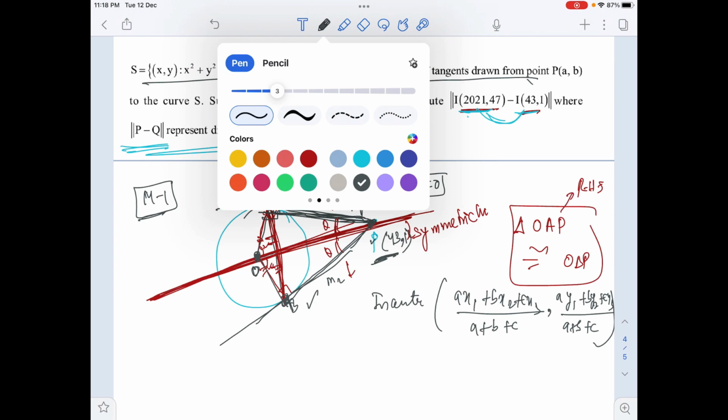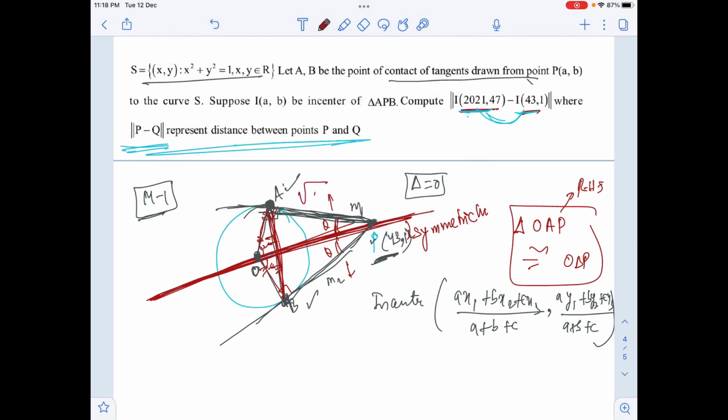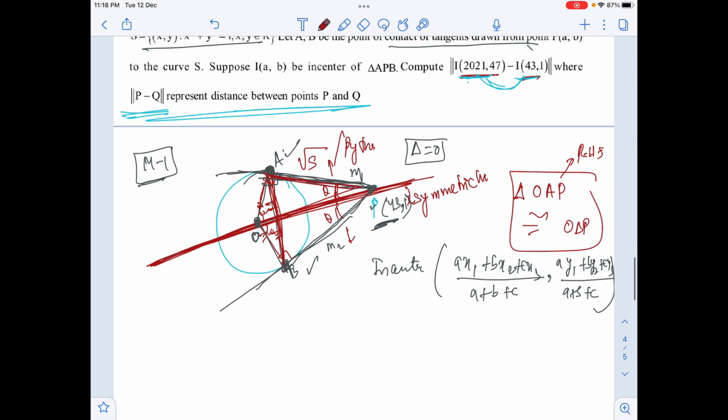So root S से आप find कर सकते हो, और basically Pythagoras theorem, root S formula is nothing more than Pythagoras. सो root S से और Pythagoras से हम ये distance find कर सकते हैं. Similarly ये tangent का length equal होगा, तो ये भी मालूम है आपको.